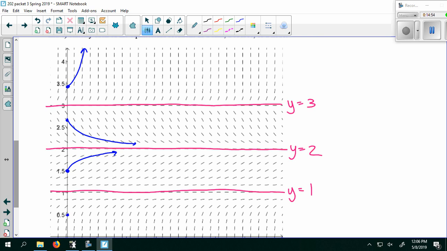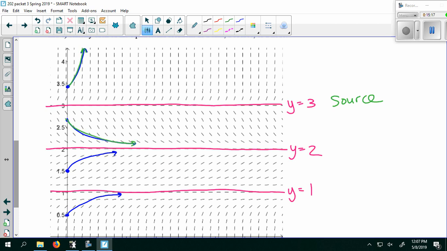And if I put one down here, they head towards that. Okay, so for y equals 3, solutions to either side of y equals 3 head away. So this is a source.